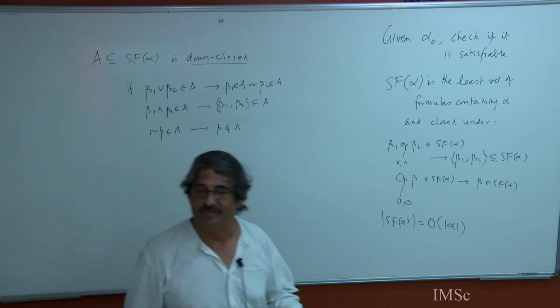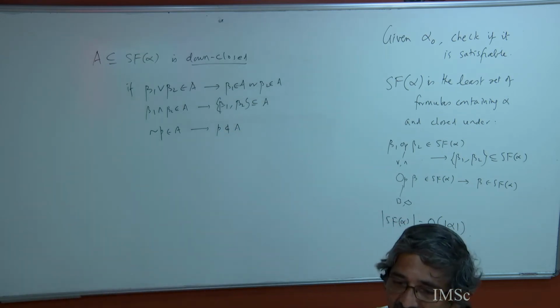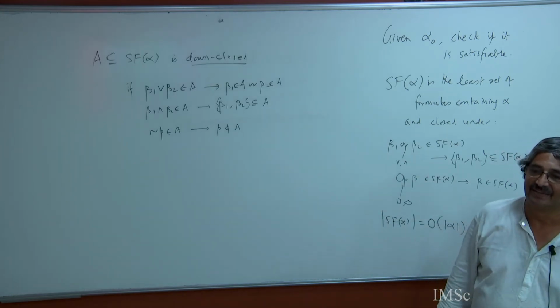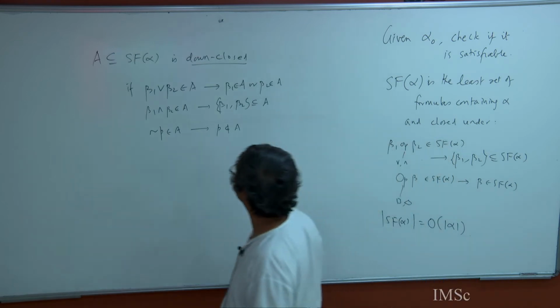You want propositional consistency. If negation P is there, I don't want P to be sitting inside as well. So this is the notion of a downclosed subset.